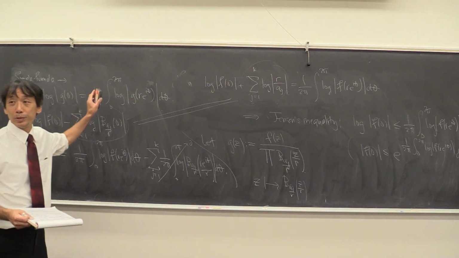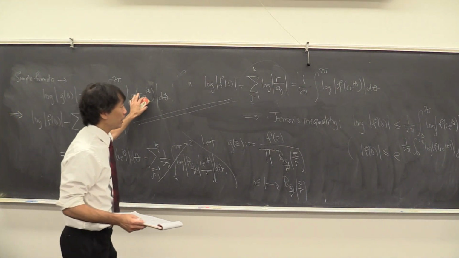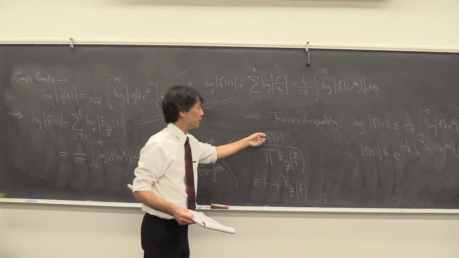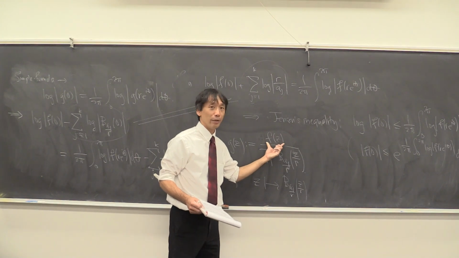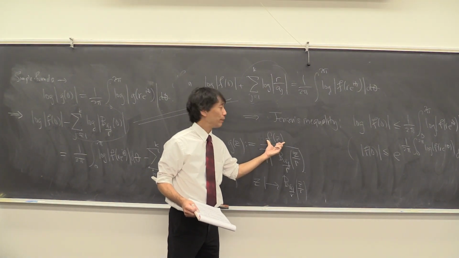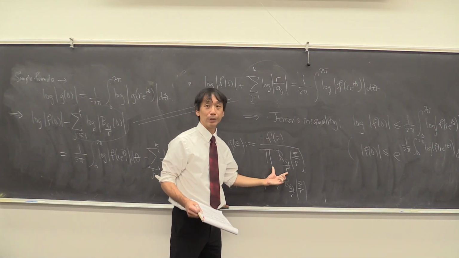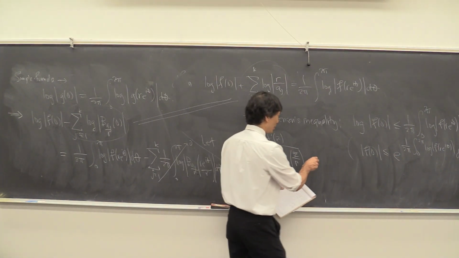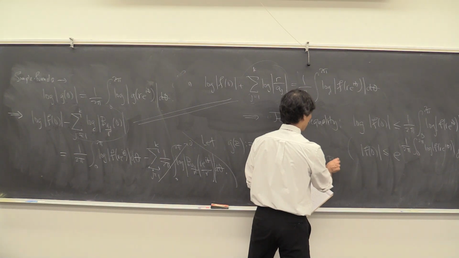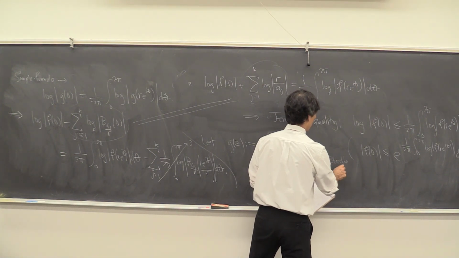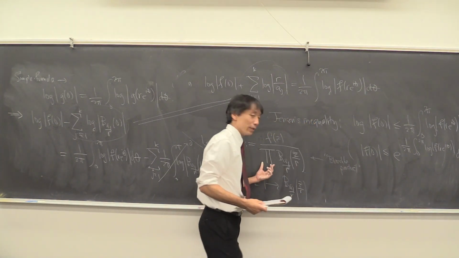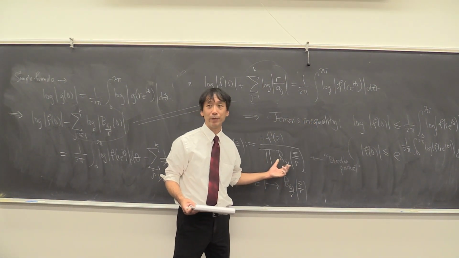You just start with a simple version, right? And then you say, well, look, if my function has zeros, then I can get rid of those zeros by using the Blaschke factors. This thing on the bottom is called a Blaschke product, because it's a product of the Blaschke factors.